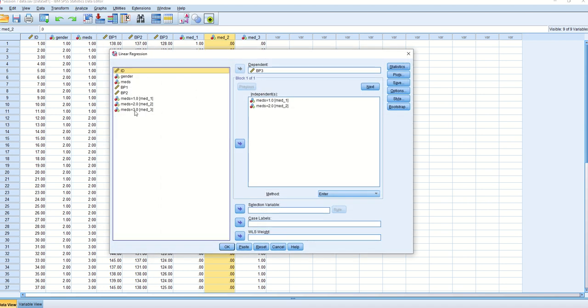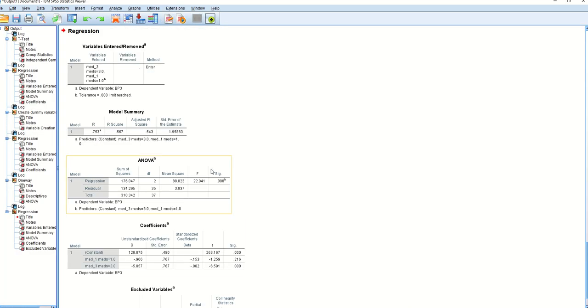Let me show you what would happen if you were to include all three. So if I were to include the third one, so now I'm including dummy variable 1, dummy variable 2, dummy variable 3, which I should not do. Hopefully SPSS will tell me that there's one too many and it should not be included. So I run that. If you look here, you will notice that med 2 is missing.